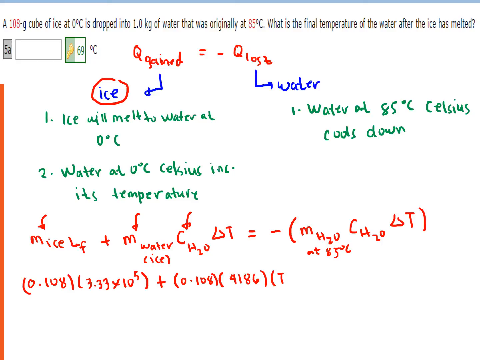We need to solve for the final temperature. In fact, this is something that we don't know. What is the final temperature of the water after the ice has melted? Minus the initial temperature of water, so that's 0 degrees Celsius.